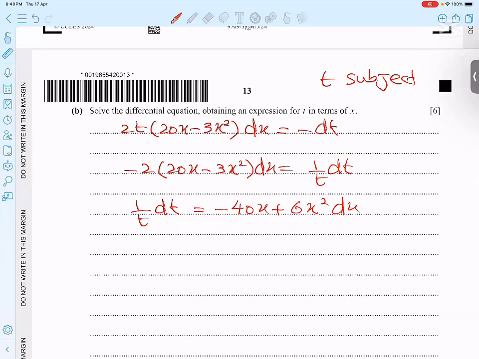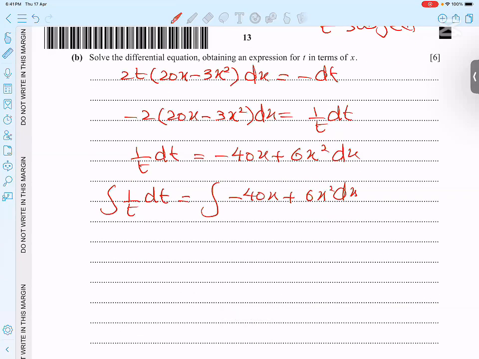Now we can go for integration. And when we go for integration, here I get logarithm t. Or I just show first integration, then I can go for it. So integrating 1 over t dt, and here the integration of negative 40x plus 6x to power 2 dx.